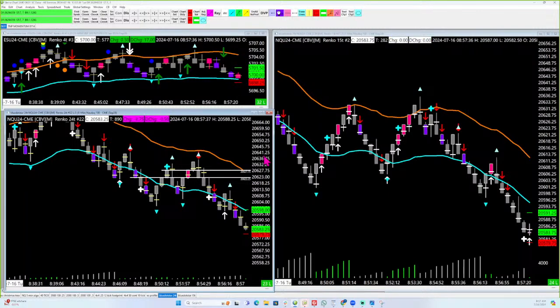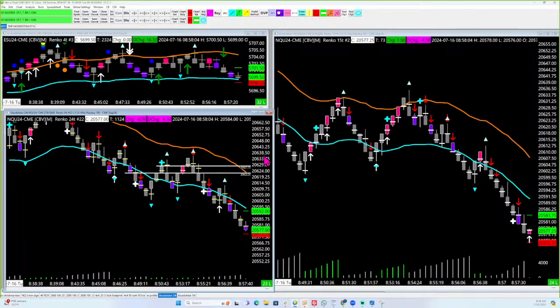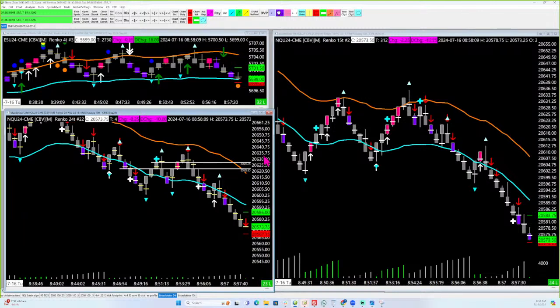Heading towards Globex low, 74. We're at 83 right now. That's Globex low. We'll see if she holds.